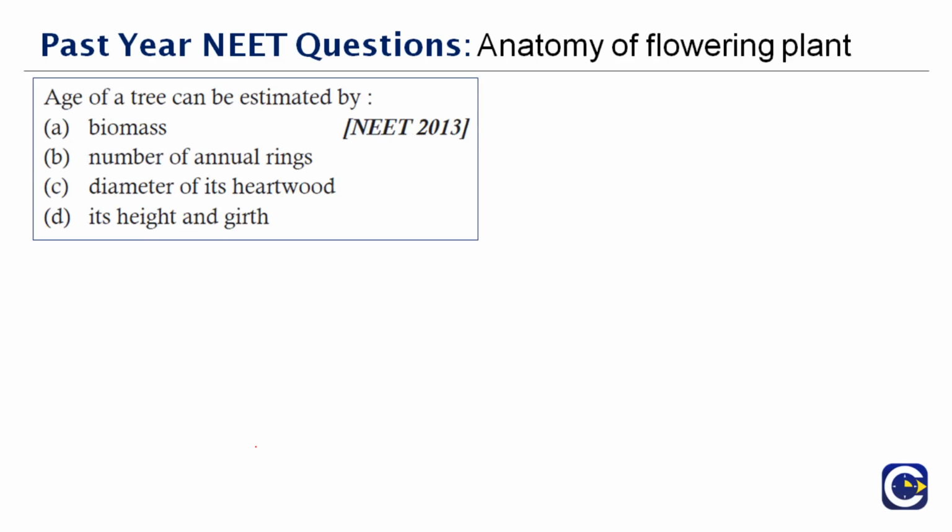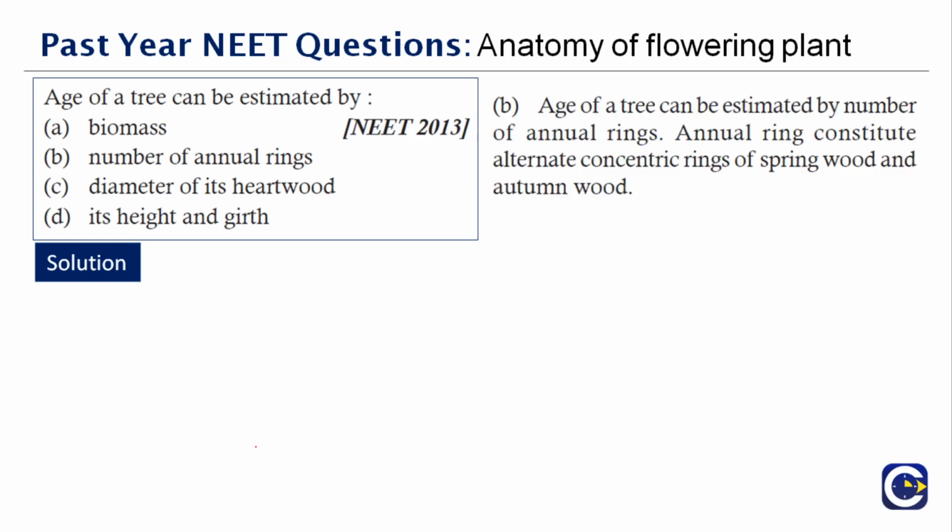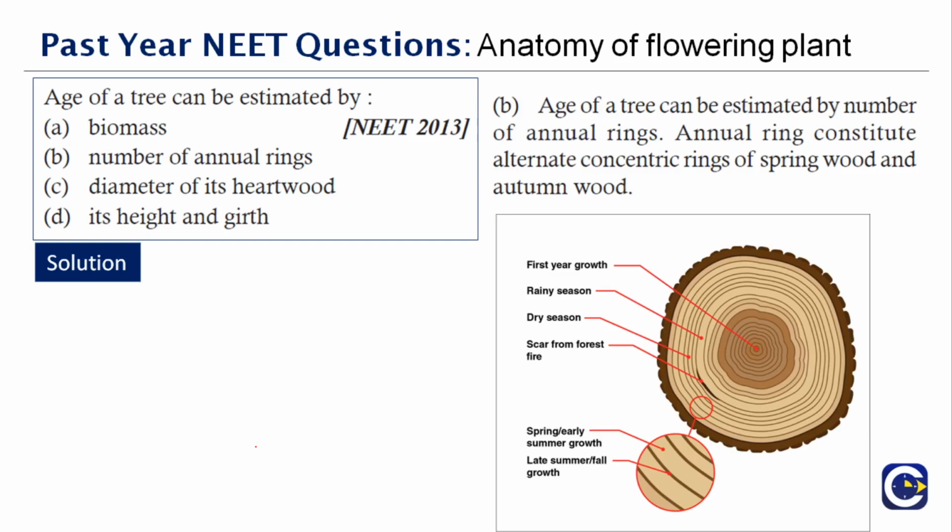Okay, next question here. Age of trees can be estimated by dash. I think by now you will know what the answer is. Yes, it is the number of annual rings. Annual rings constitute alternate concentric rings of spring wood and autumn wood. Okay, so this is how you can see the age of the tree.